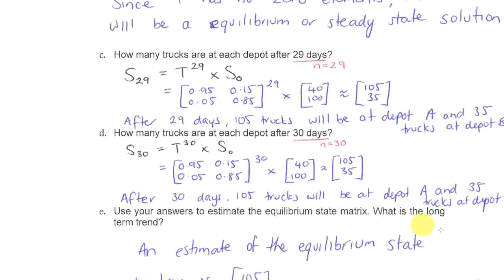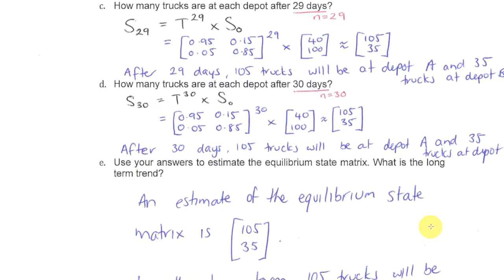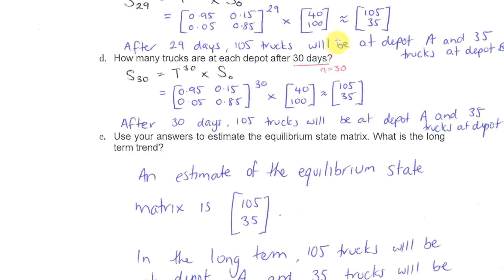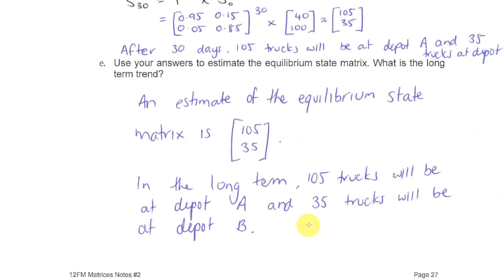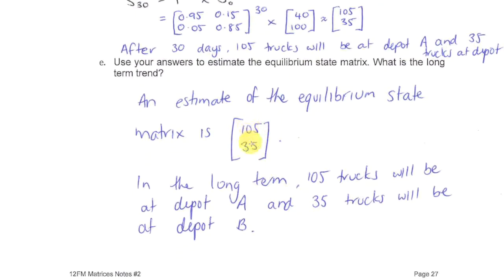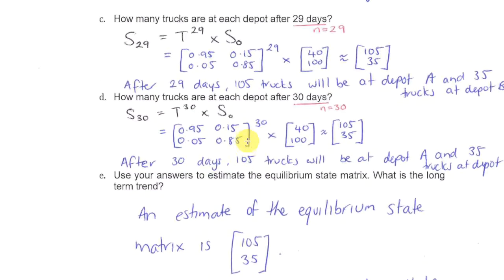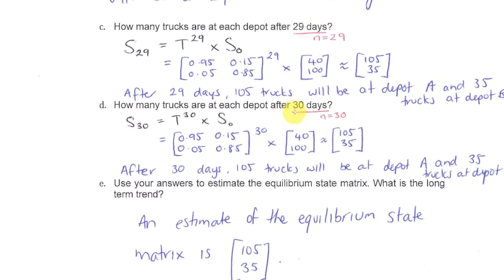Use your answers to estimate the steady state matrix or the equilibrium state matrix. And what is the long-term trend? The estimate for this, remember we've got approximately equals here, is 105 at A and 35 at B. Now we could also do that without being guided to do 29 days and 30 days.